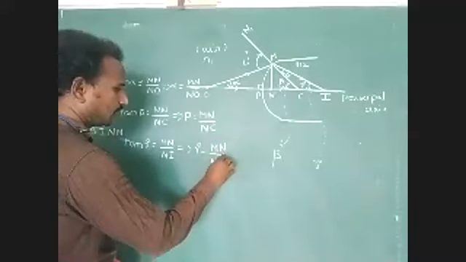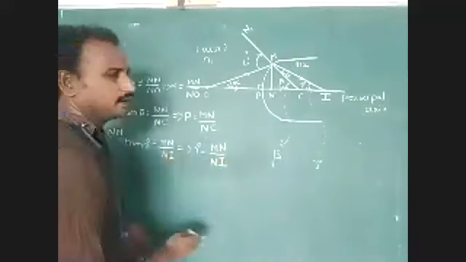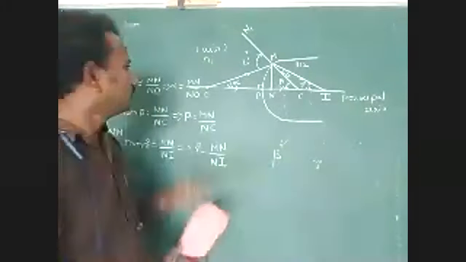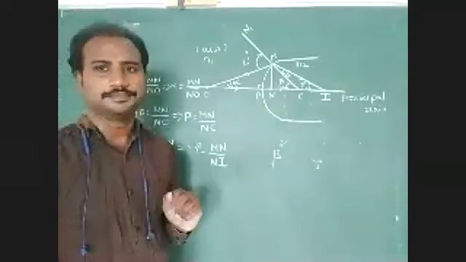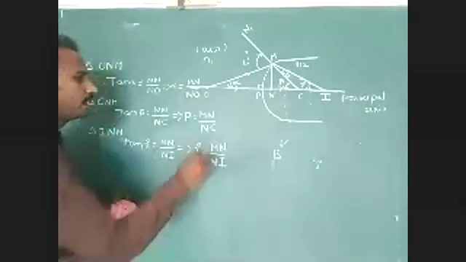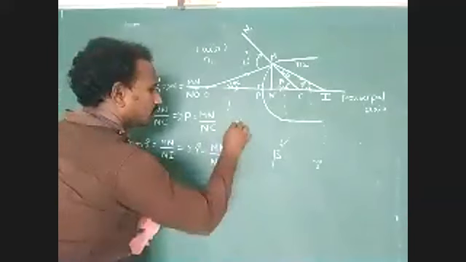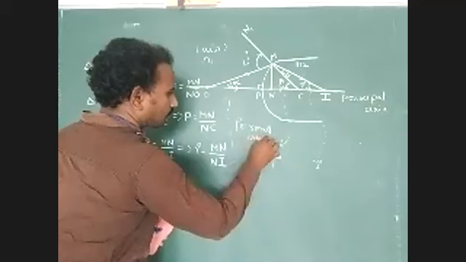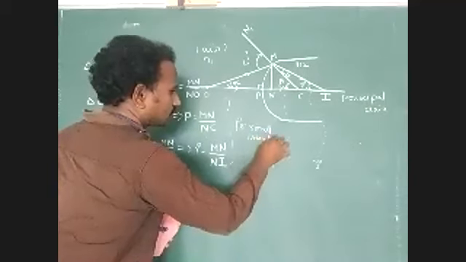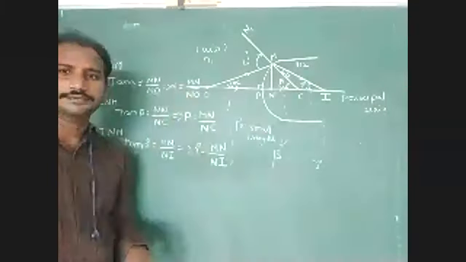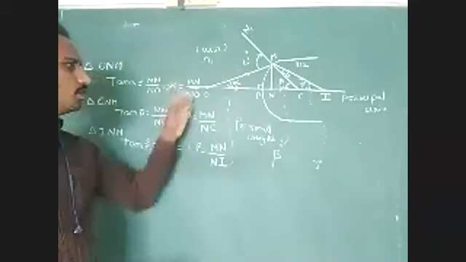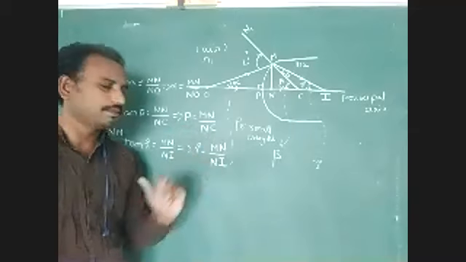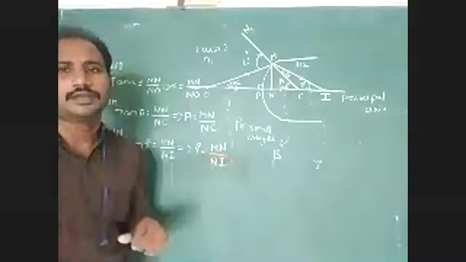This condition is only applicable for small angles, where tan alpha is approximated to alpha. So we have to write this point: for small angles, alpha equals MN by NO, beta equals MN by NC, gamma equals MN by NI. This is a very, very important point.